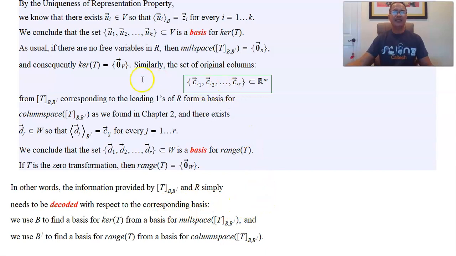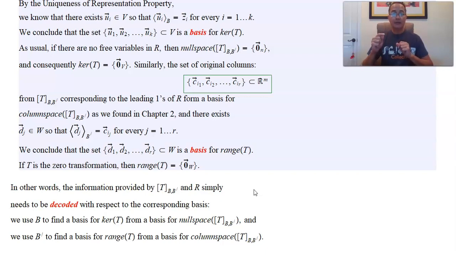So in other words, forget this whole theorem. All right, too long, too confusing. Just think of the matrix of the transformation with respect to the two bases. Look for the REF. As usual, find a basis for the null space, find a basis for the column space. But don't stop there. Use the basis for the null space to find actual vectors from the domain, and those will be your basis vectors for the kernel.